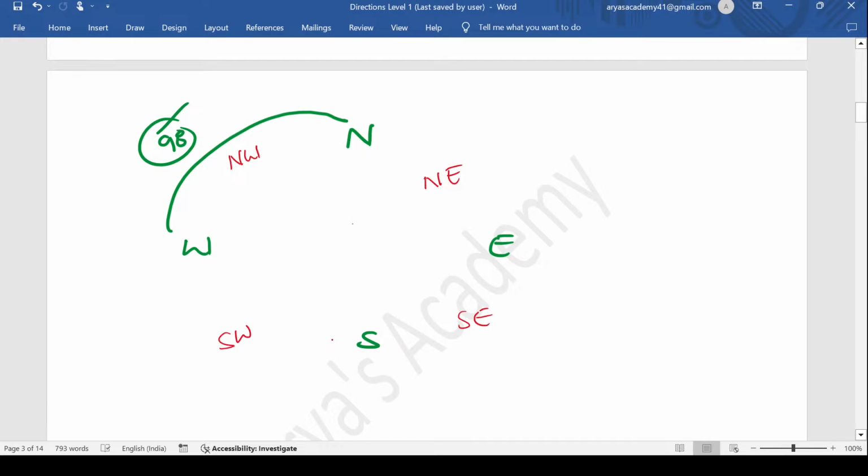Now what I am asking is, what is the angle between two subordinate directions which are side by side? I am not asking about two main directions, I am asking about two subordinate directions. Let us consider southwest and southeast. What is the angle between these two directions?